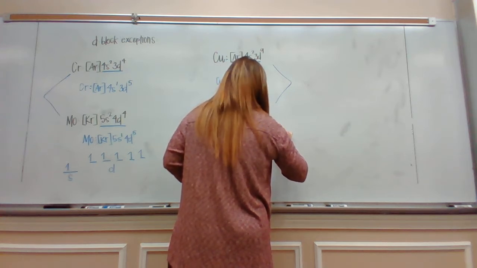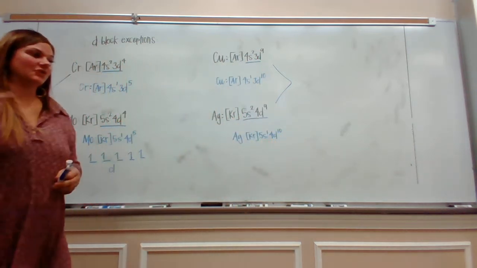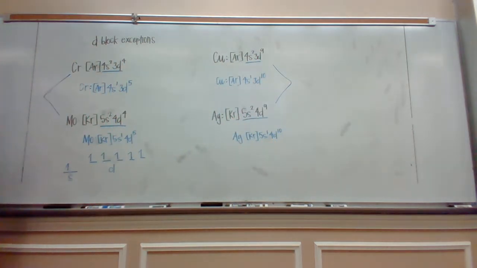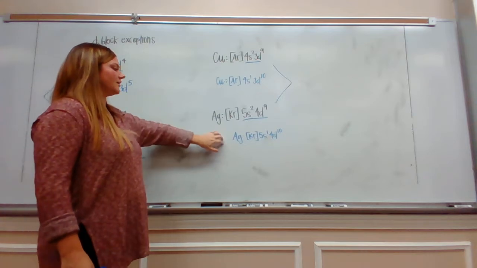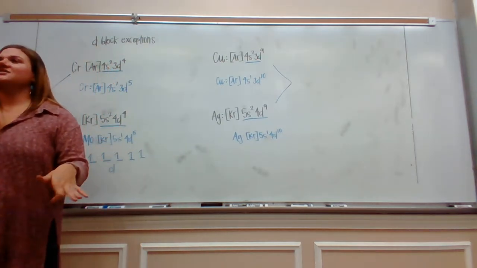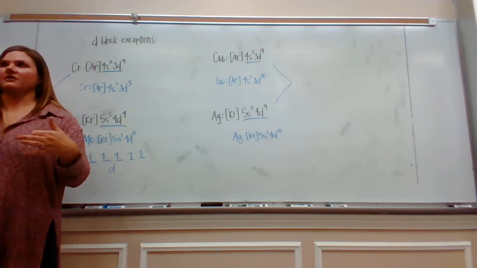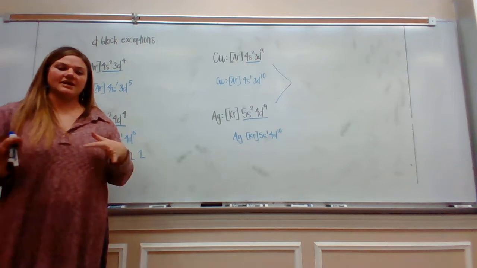Transition metals kind of do whatever they want. You'll see that when we get to naming and forming compounds. They're always the exception to the exception. Alright, so with copper and silver, the stability comes from having that d orbital completely filled. So basically nobody else can bother it trying to bond with it because it doesn't have any room.